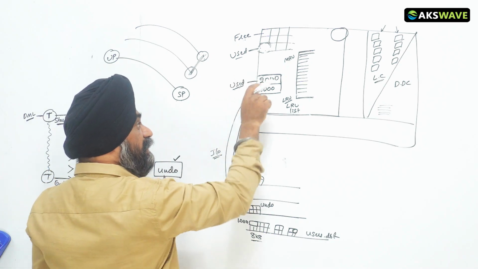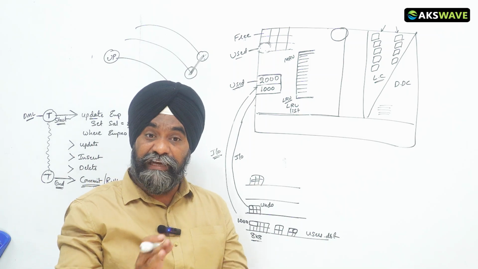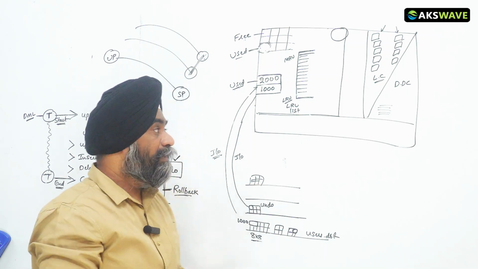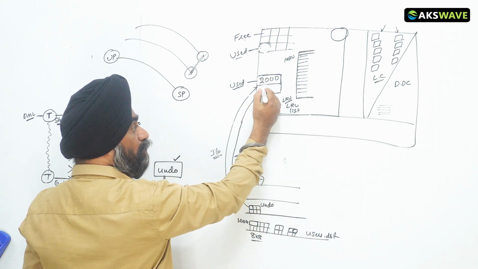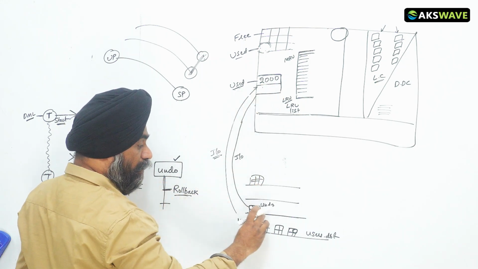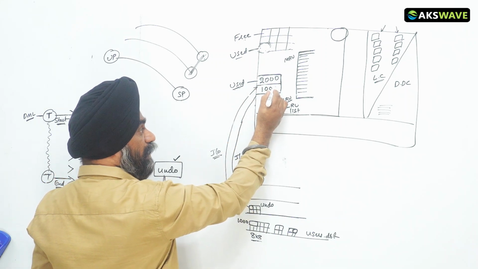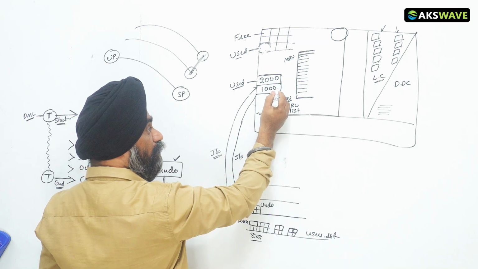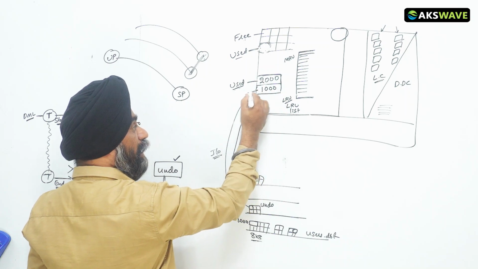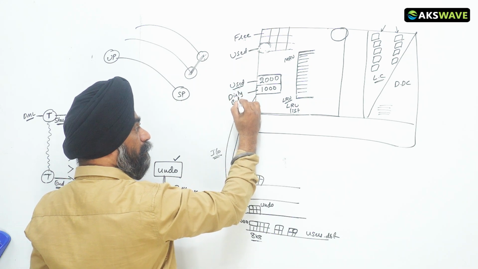You are changing the data inside the block, or inside the buffer. You are modifying, correct? When you are modifying this buffer, because there was nothing here, it was completely blank when I brought it from the disk. And what you did, you wrote 1000, you modified here. As you modified this buffer, these are modified buffers, and we call it a dirty buffer. Which buffer? Dirty buffer.